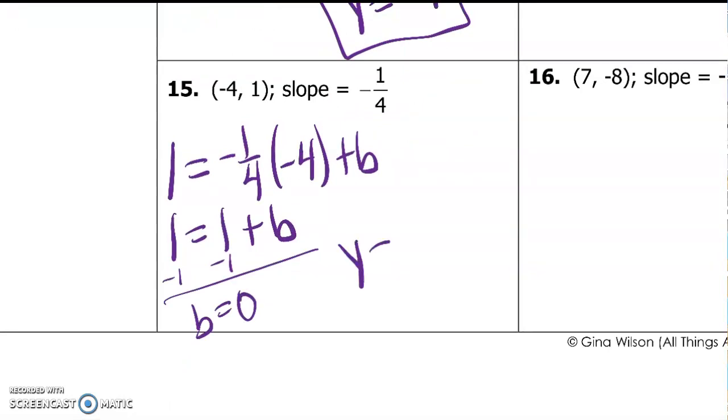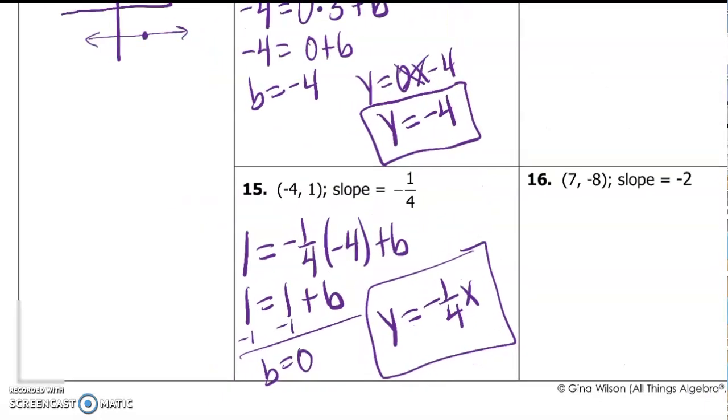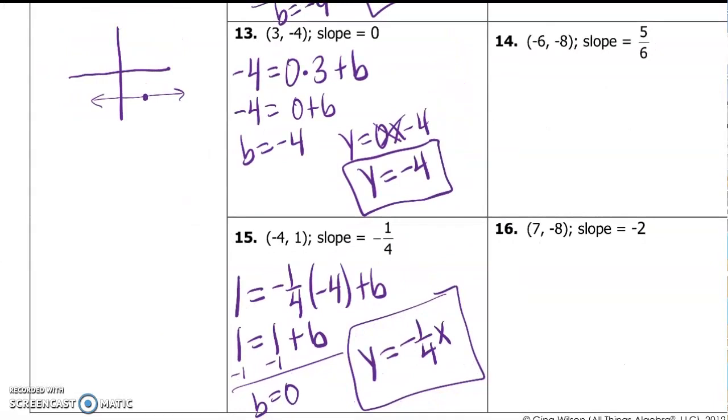When you write it out, you're going to want to do -1/4 x. Some of you are going to want to write plus 0. Please don't. Just leave it as -1/4 x. So it's possible, if we look at 13, that your slope is 0, so then your x is going to cancel out. It's also possible, as in number 15, that your y-intercept, your b, is 0. In that case, we just don't write a plus or minus anything.